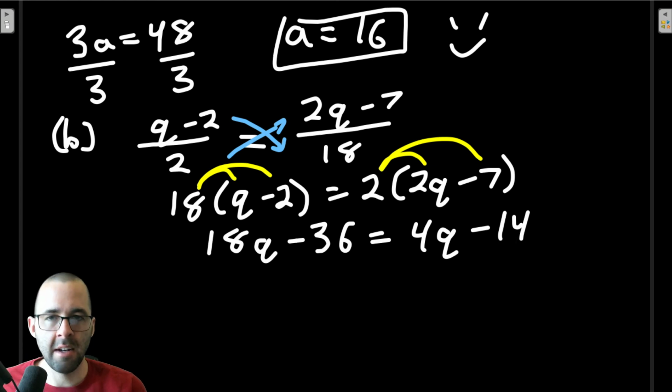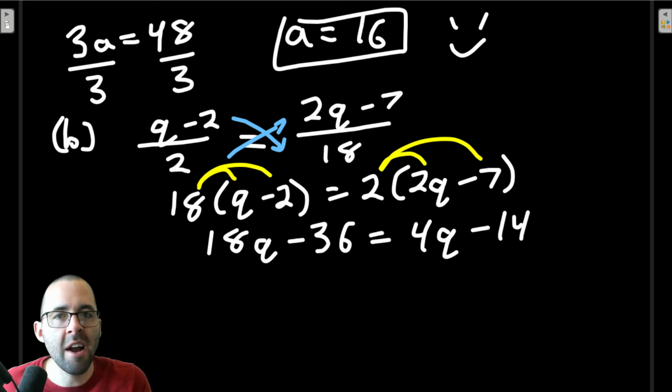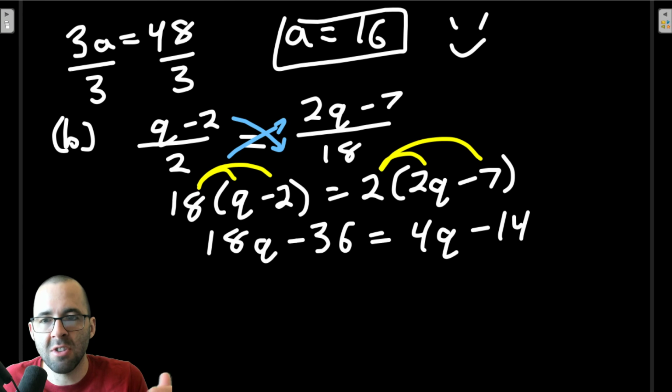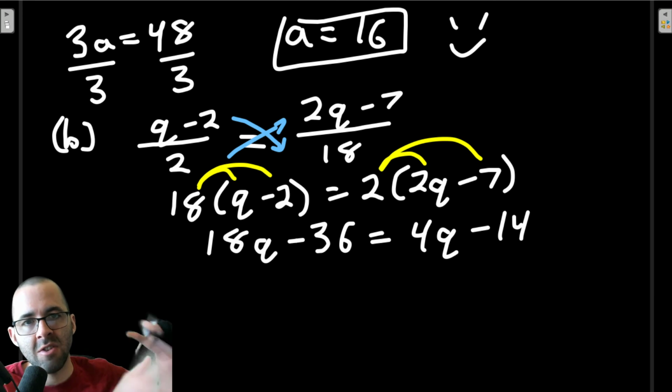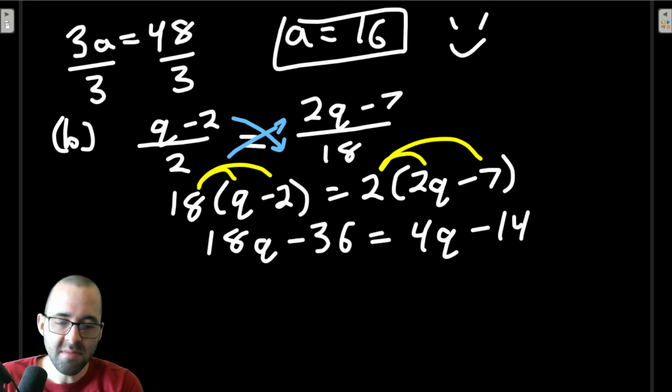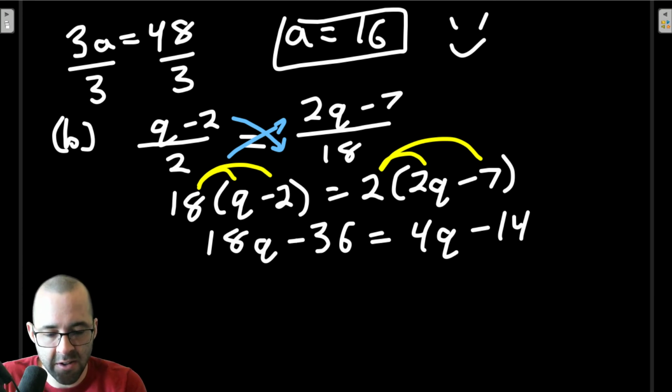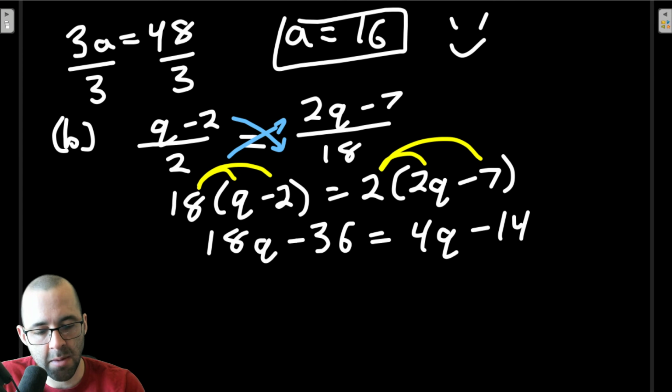So both of these are linear equations. Sometimes they'll become quadratic equations. And remember, quadratic equations, that's 6.5. You'll have to get everything on the same side, factor, and use the principle of zero products. But here, again, these are linear. There's no squared or anything like that. We have to combine like terms and then solve for our variable.